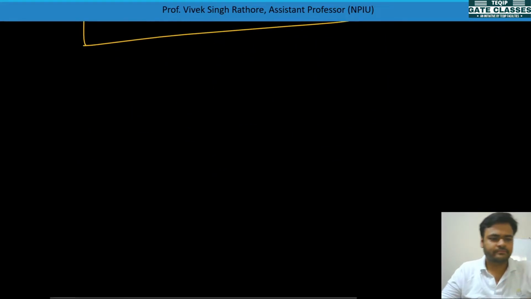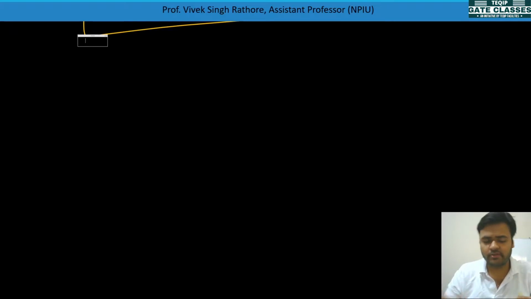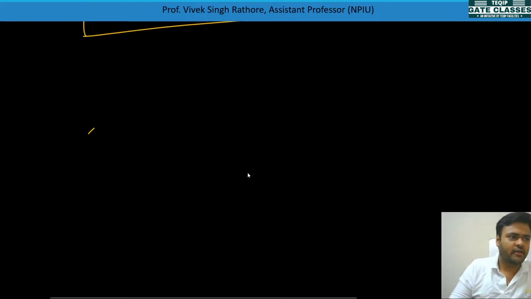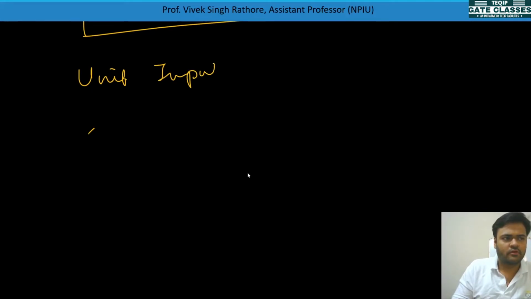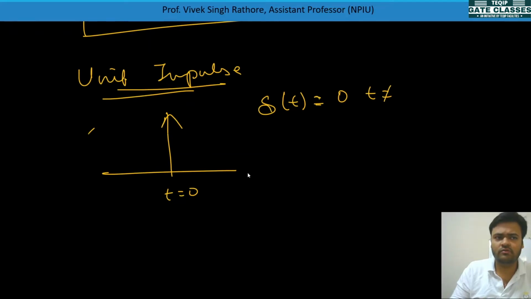So now we'll see the effect of time reversal and time scaling properties on the unit impulse signal. Let's get started. The unit impulse signal is represented almost like this at t is equal to 0, and it is mathematically represented as delta t is equal to 0 for t not equal to 0, and not equal to 0 for t is equal to 0.